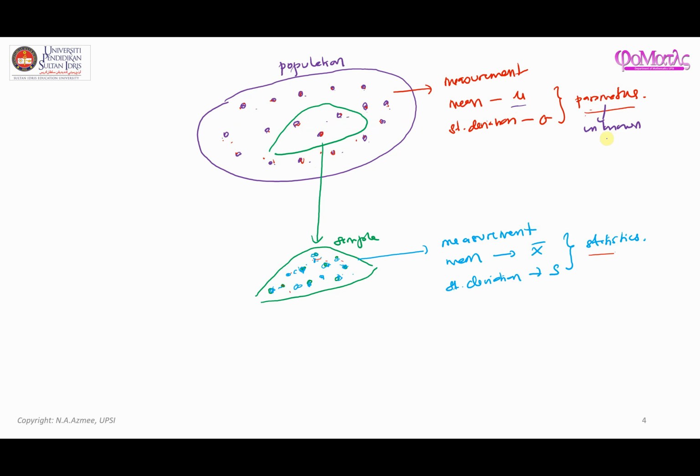So mu is unknown, or parameters in this case are unknown. And so what happens in practice is that we use statistics to estimate the unknown parameters.